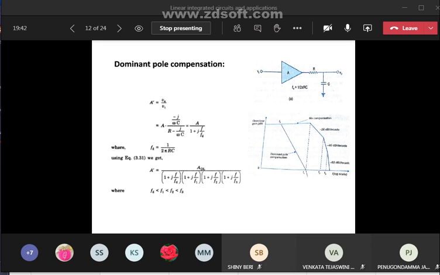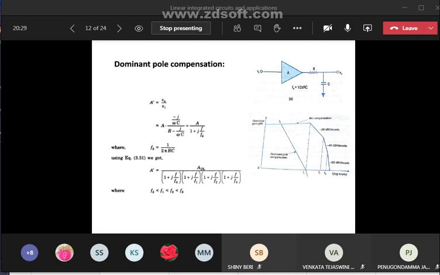If you have 1 break frequency, the system is stable. With 3 break frequencies, due to the capacitive components, the break frequencies may increase, and the op amp may behave oscillatory, so it is not a stable system.